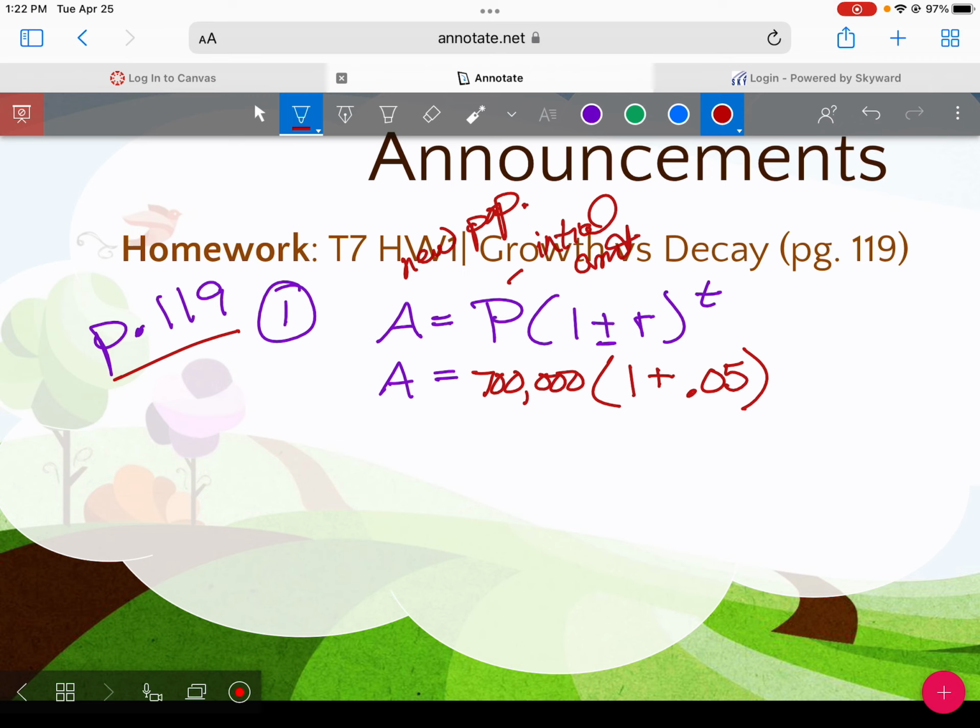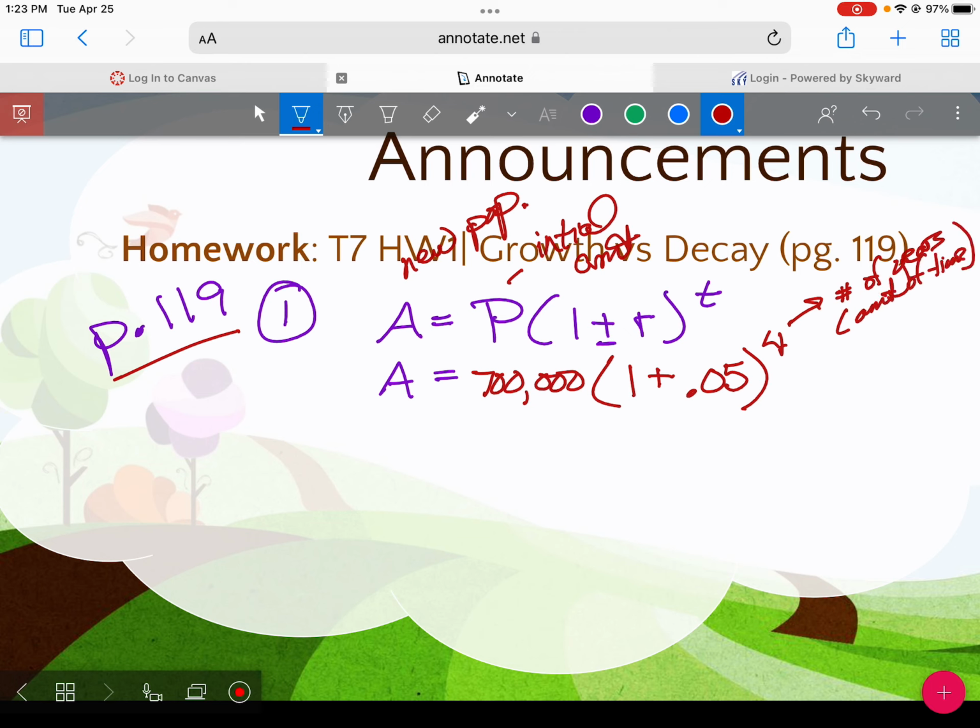Now, let's say we want to do it for the 4th year. So that is to the power of 4. So 4 is the number of years or amount of time.